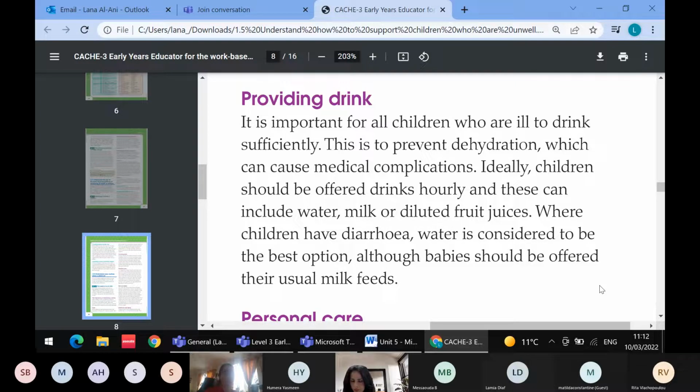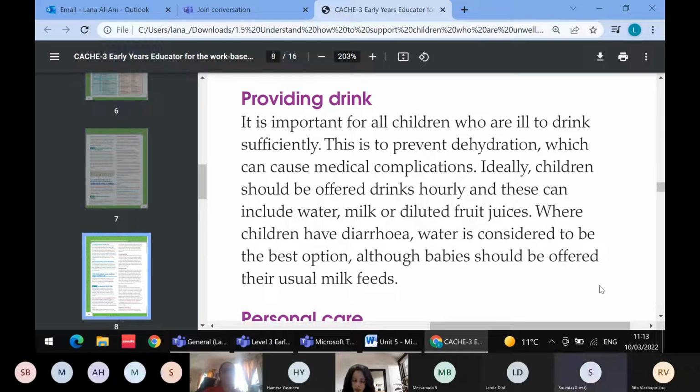Maybe milk. Yes, so we give them water, we give them milk, we give them juice. Fresh juice, yes. But when they are vomiting, the milk makes it hard for them to swallow. So we have to avoid milk when children have diarrhea and vomiting.